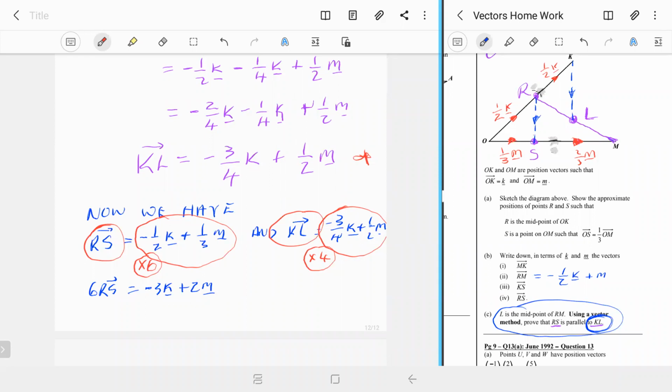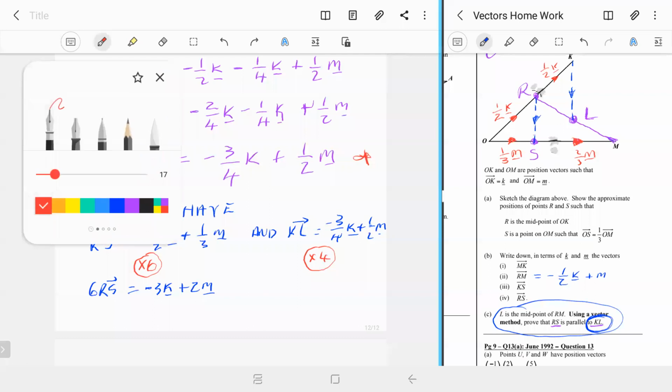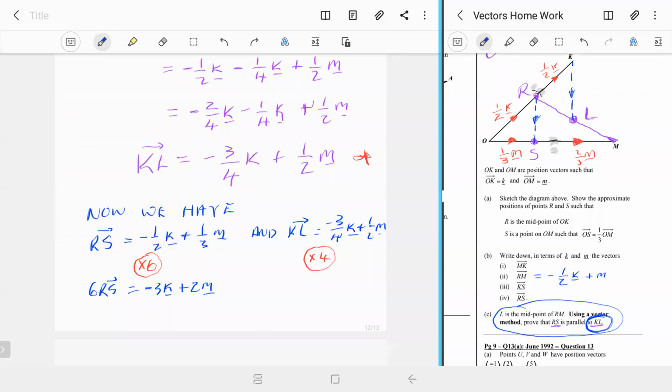It's difficult to see the relationship, so we multiply by a constant to get rid of the fractions first. This second one, we multiply by 4. It becomes 4KL equals minus 3K plus 2M. See that?